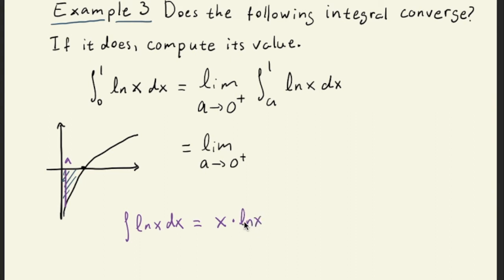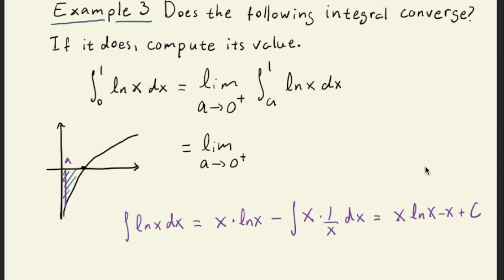So here you're going to get x ln x minus the antiderivative of 1, which is x, times the derivative of log x, 1 over x. This is the antiderivative of 1, which is just x, so it's x ln x minus x plus c. So that's our antiderivative, it's just x ln x minus x.